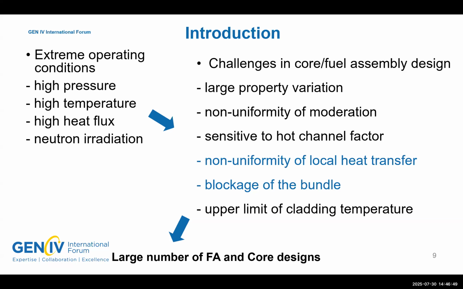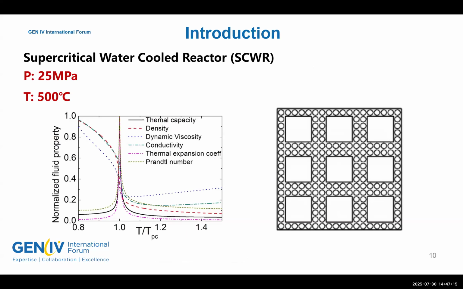So the blockage of the bundle will be a very serious accident during operation. And also the upper limit of the cladding temperature is the design criterion for the thermohydraulics analysis or design of the SCWR. So these challenges bring a large number of fuel assembly (FA) and core designs.